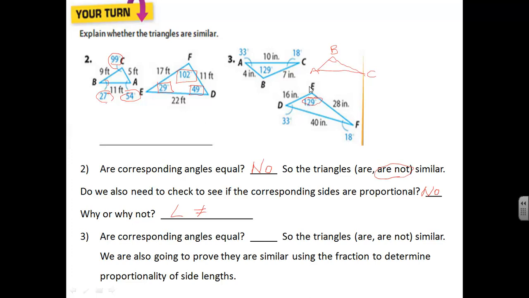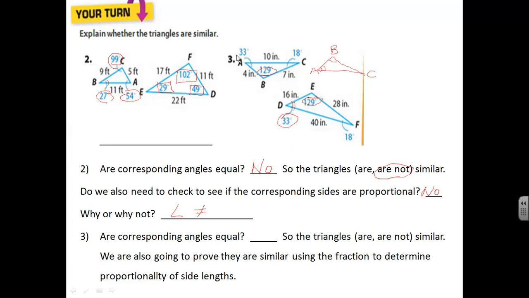Is angle B 129? Yep, it is. But we've got to check the other two also, because if all 3 of them are equal, then we have similar triangles.